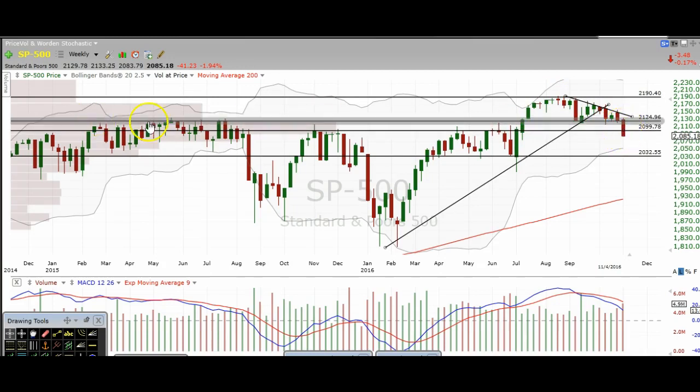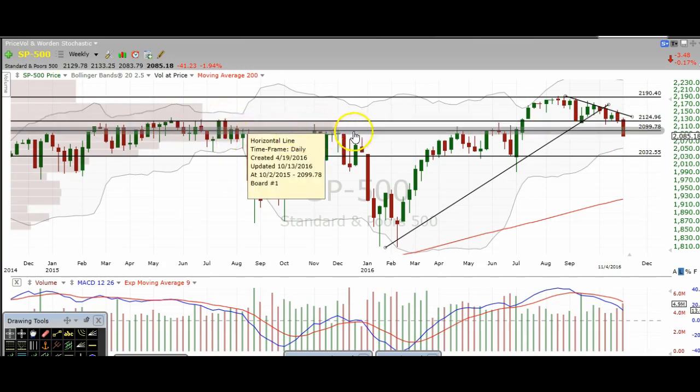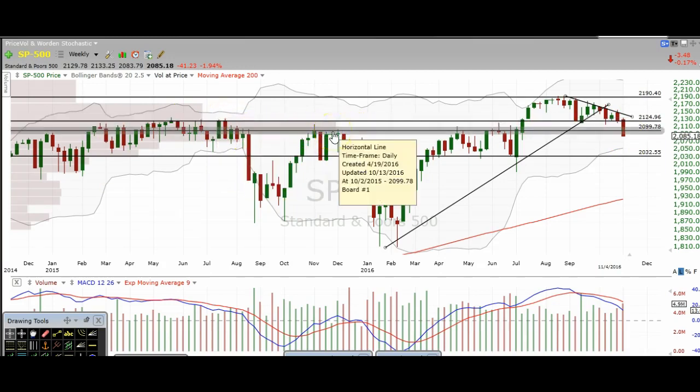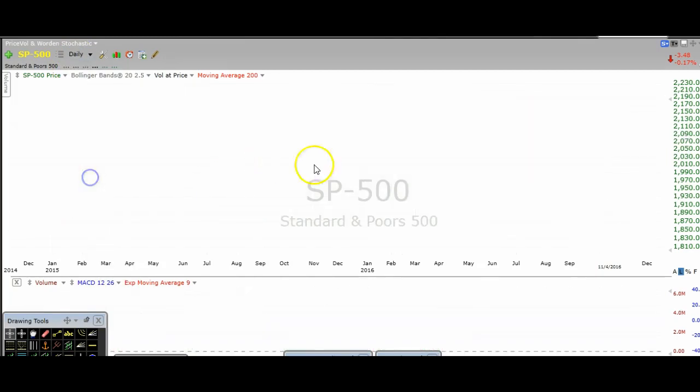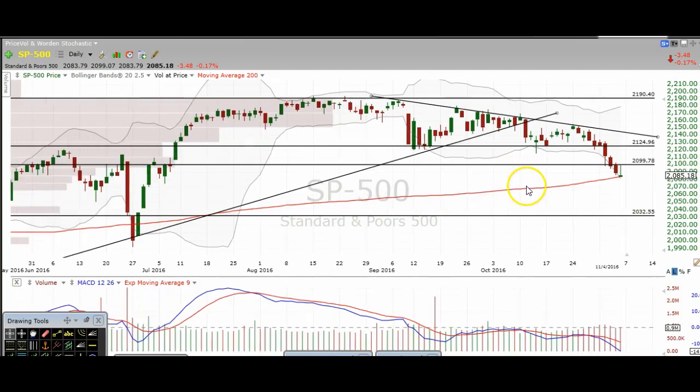We closed below not only this resistance, which was now support, but also this support level right here, the 2100 level. You can see clearly that's about a month and a half of resistance. That's a big level. This is about 2 or 3 months of resistance. So it's a big level, and now it's support, and we just closed the week below it. More than likely, we're going to be heading even lower coming into this next week.